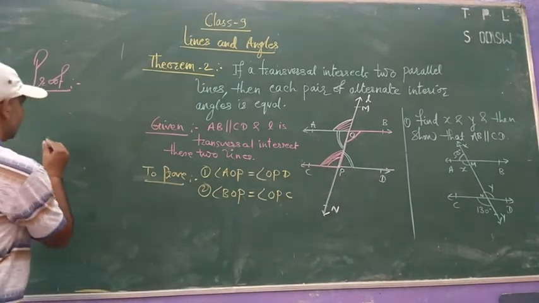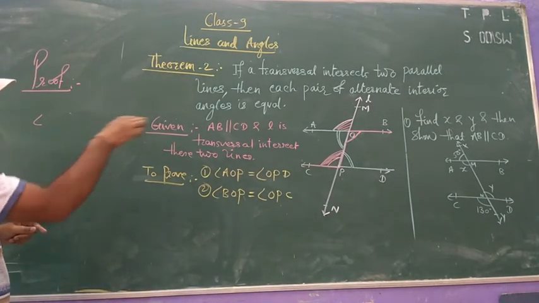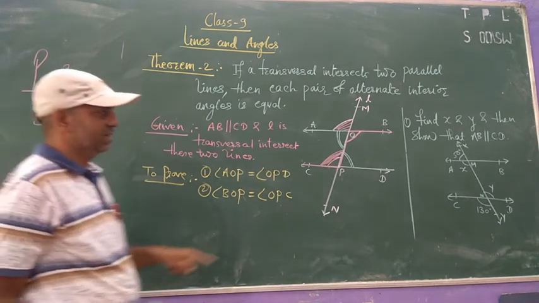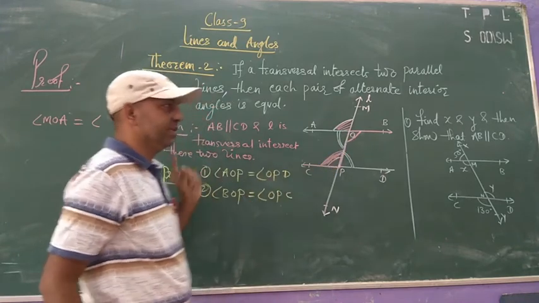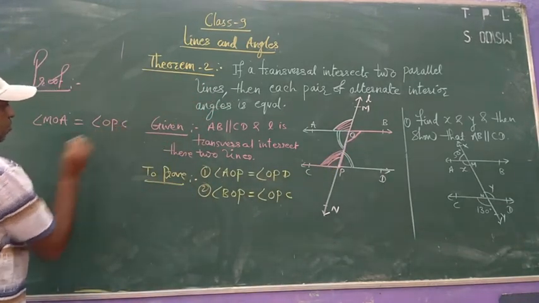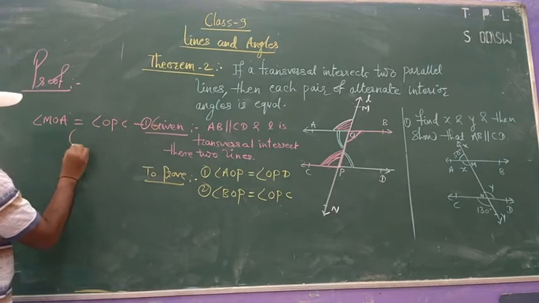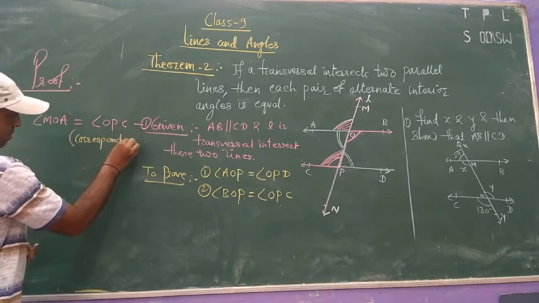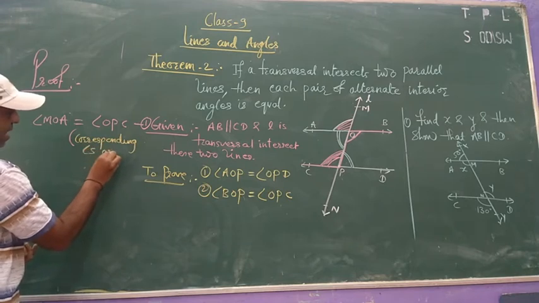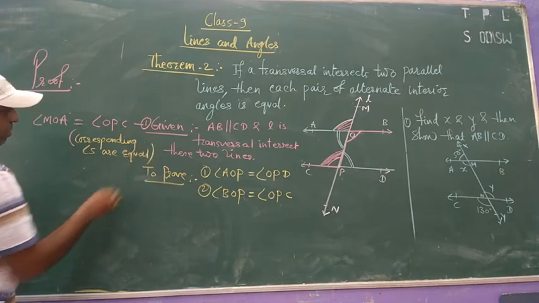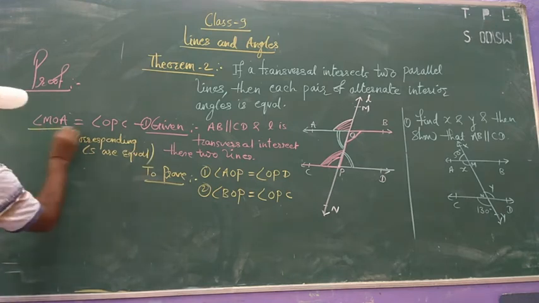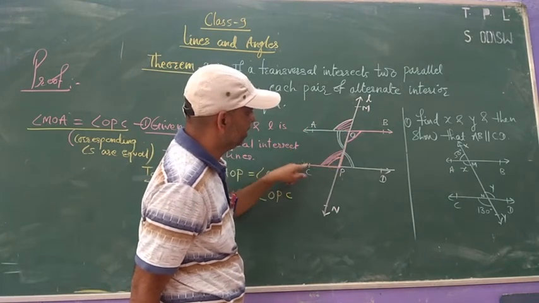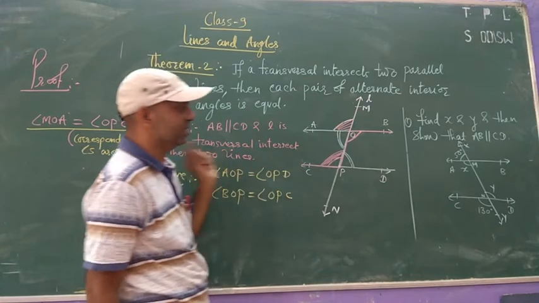So angle MOA is equal to angle OPC. So this is our first equation. Write the reason here: corresponding angles are equal. Okay. So this is our first equation, that is angle MOA equal to angle OPC. These two angles are corresponding angles.